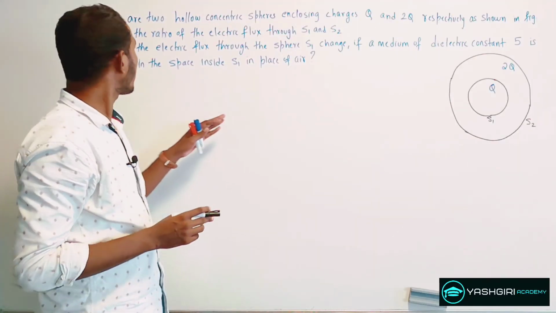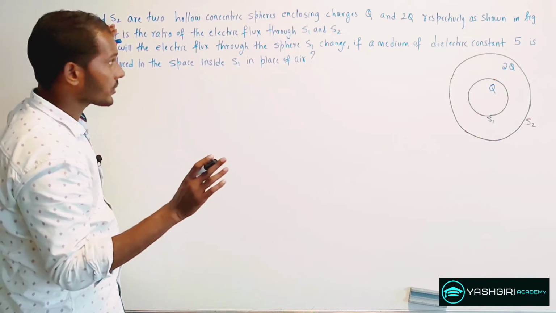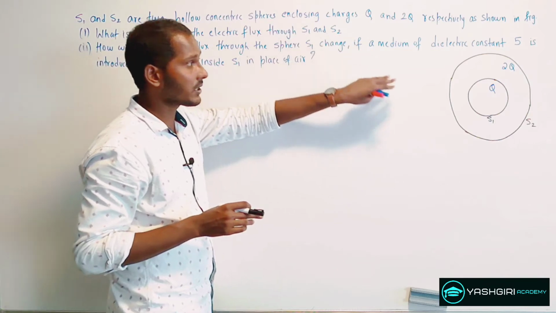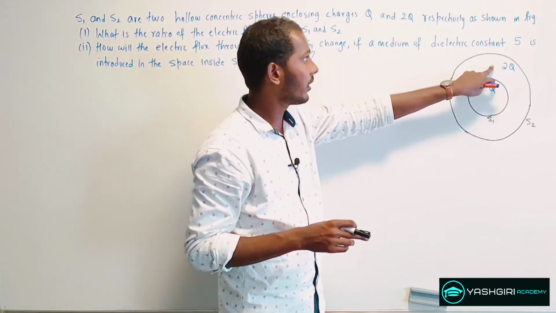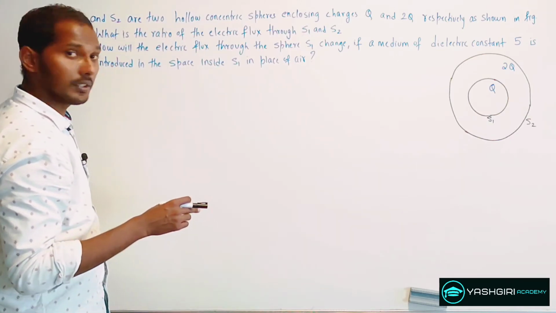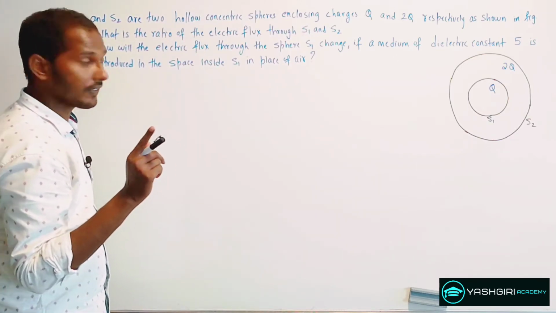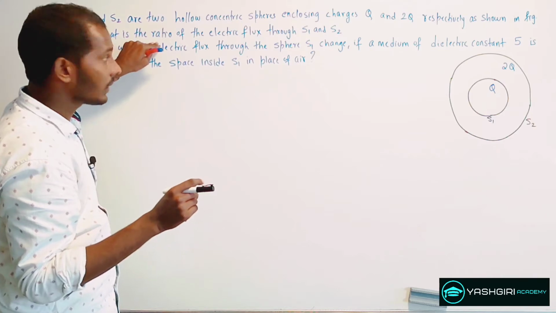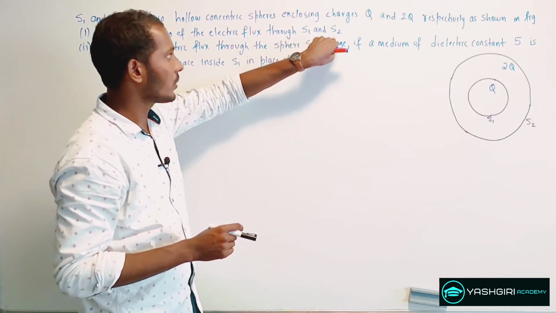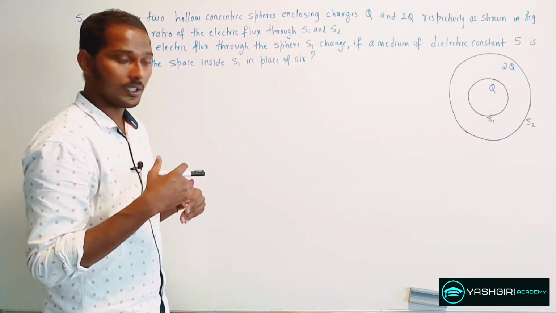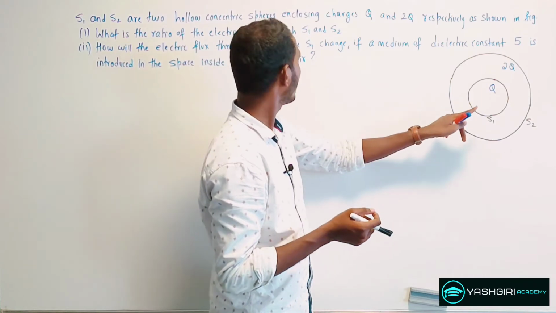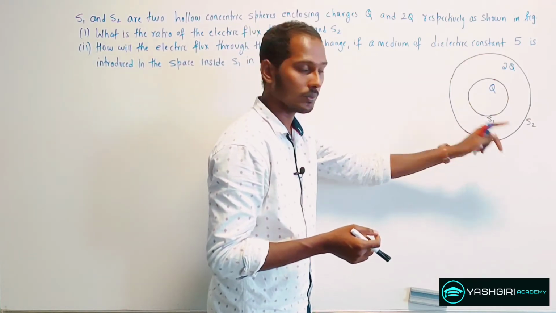Now here in this question, S1 and S2 are two hollow concentric spheres enclosing charges Q and 2Q respectively, as shown in this figure. And here we are given two questions. The first is, what is the ratio of the electric flux through S1 and S2? So here we need to calculate the ratio of the electric flux of S1 and S2.